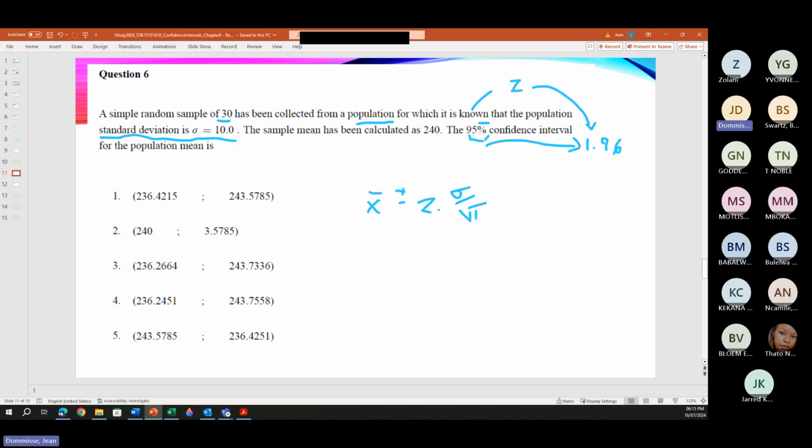And let's just see what we have. The sample mean is 240. So let's again check 240.